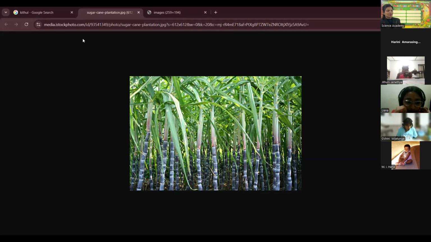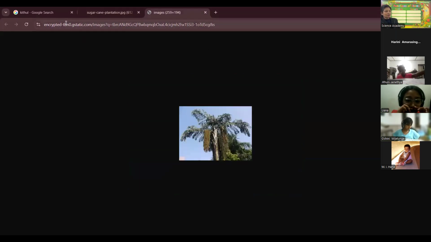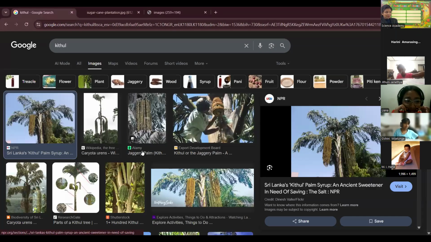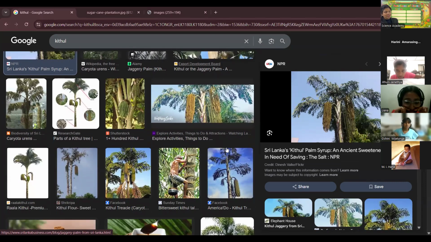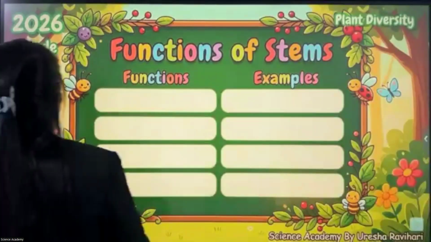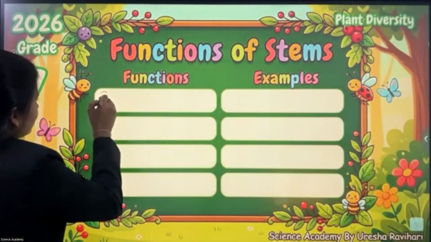Here, children, you can see kitul now. The kitul plant, its stem also has stored food as starch. Okay, children, write down storage of foods.